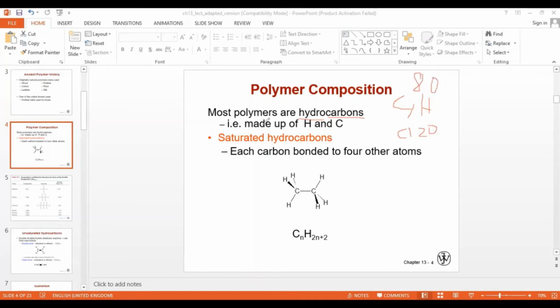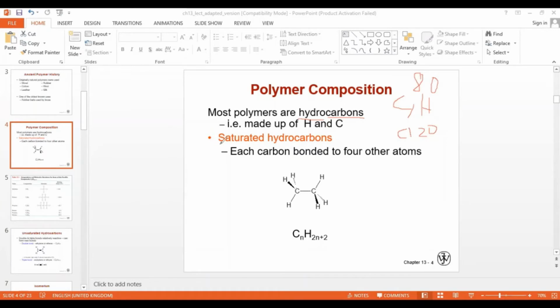So that's what it said: most polymers are hydrocarbons. H and C would be the major constituents in a polymer composition. There can be others also, chlorine, fluorine, oxygen, but only H and C form the major part of this constituent.